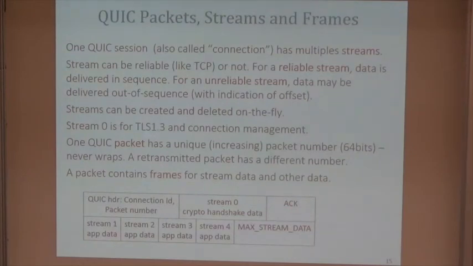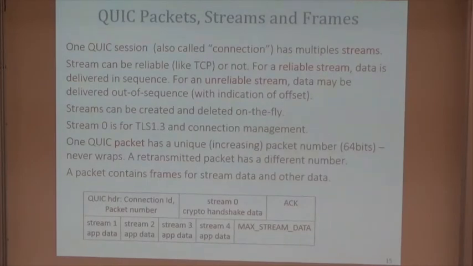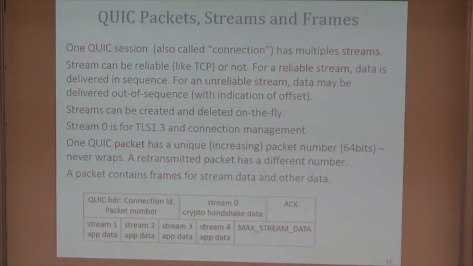And everything that is in the TCP header is in additional elements inside a QUIC packet. So for example, the acknowledgement field is just a field in the QUIC packet. So it's not a fixed-size header, so we don't have all the limitations that we have in TCP.